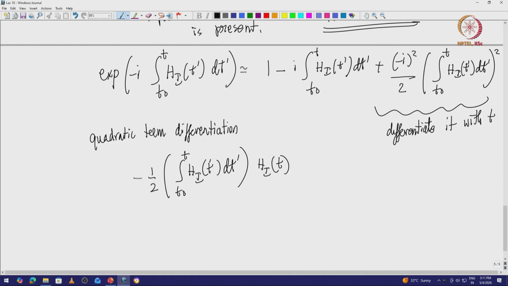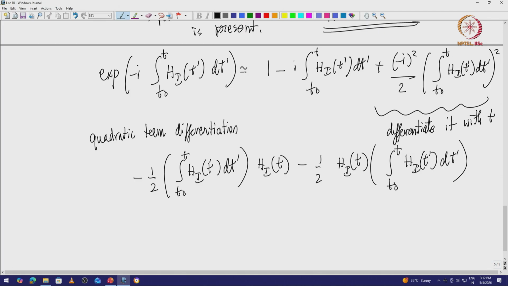So this is the first term in the differentiation. It's a square term, essentially. So it's 1 by 2, the first integral and derivative cancel, so that gives me this, minus 1 by 2 H_I of t integral t0 to t H_I of t prime dt prime.